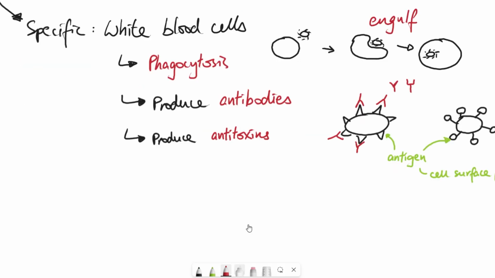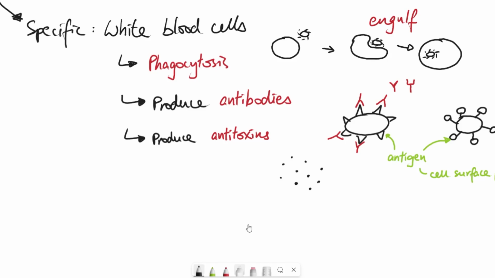So the final thing that white blood cells can also do is to produce antitoxins. Now keep in mind, like we mentioned earlier, one of the pathogens that can produce toxins would be bacteria. So let's say if this was a bacterial cell, they're able to also produce tiny toxins that go off and interact with how our cells work.